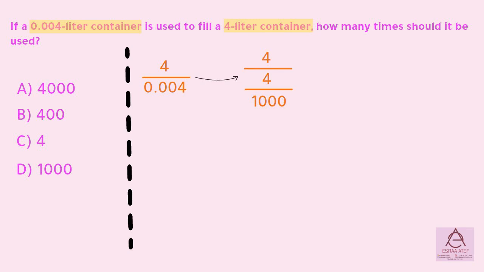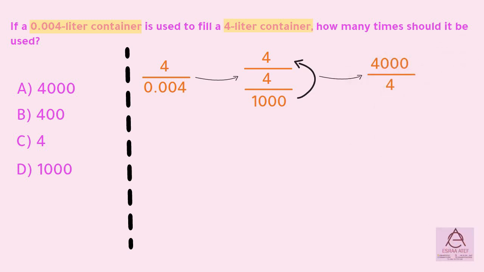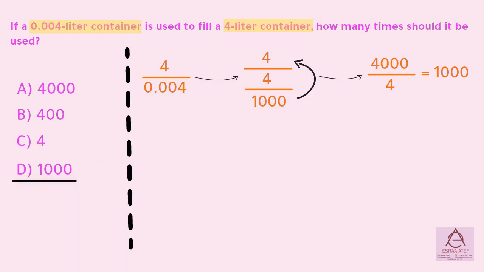A denominator of a denominator, we can make it a numerator, so we will take it up. So it will be 4 times 1000 over 4, which equals 4000 over 4. And here we have the same number, so we can cancel 4 with 4, which means the answer is 1000. So we need to use the 0.004 liter container 1000 times to fill the bigger container.